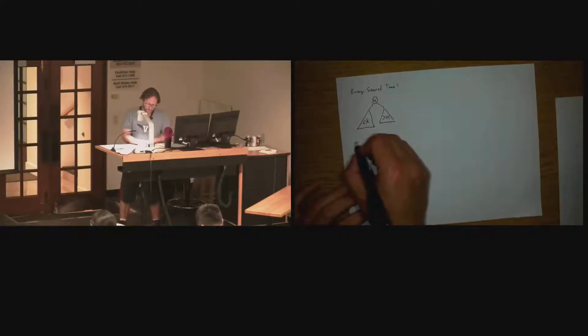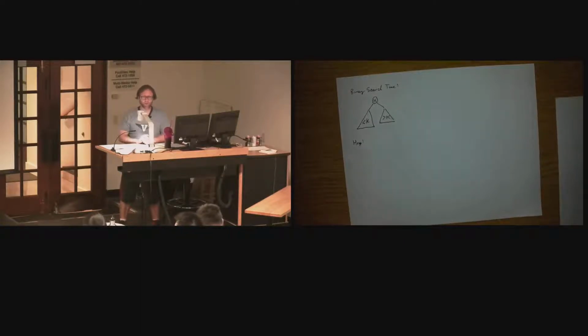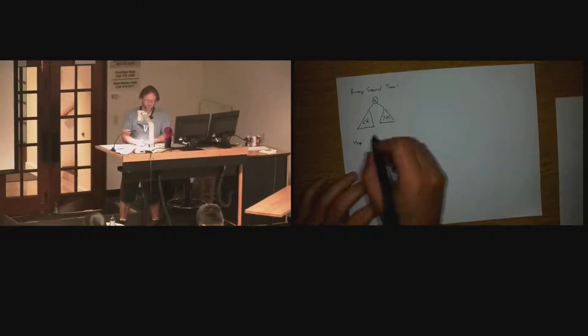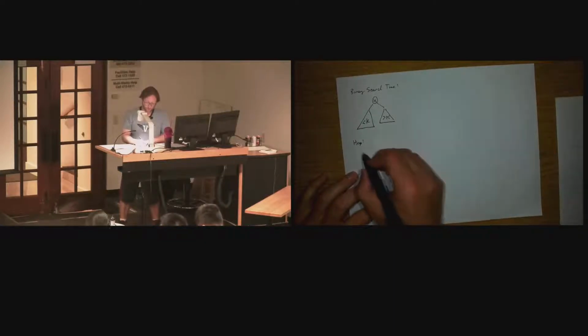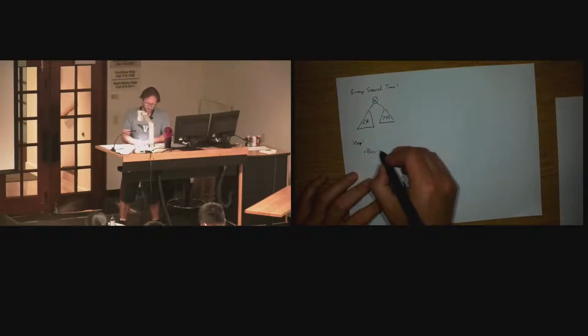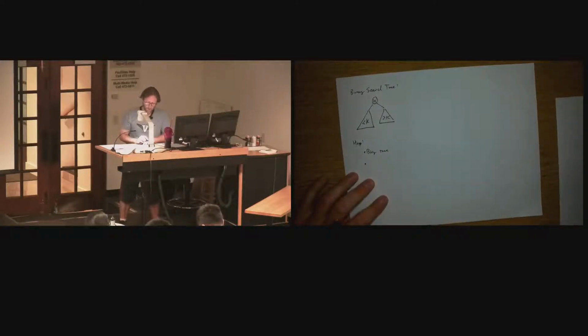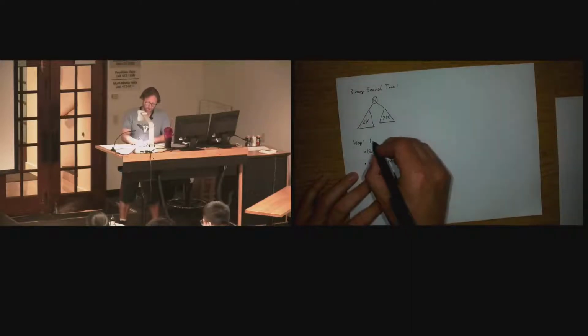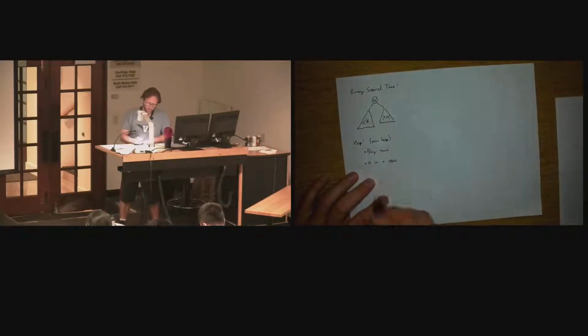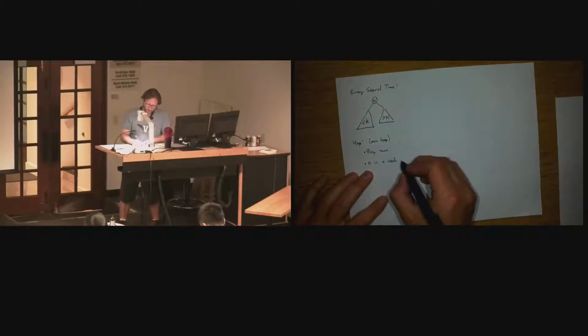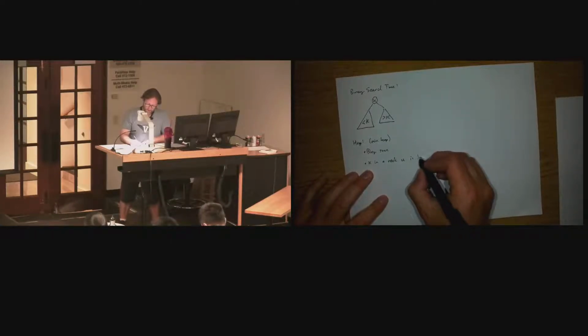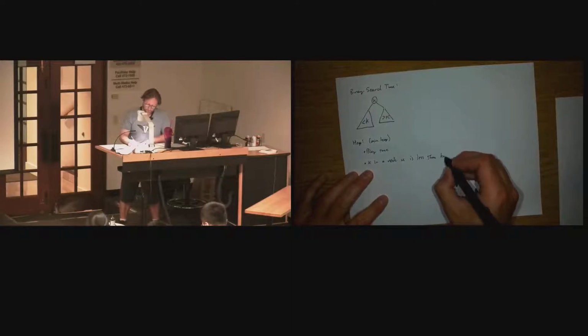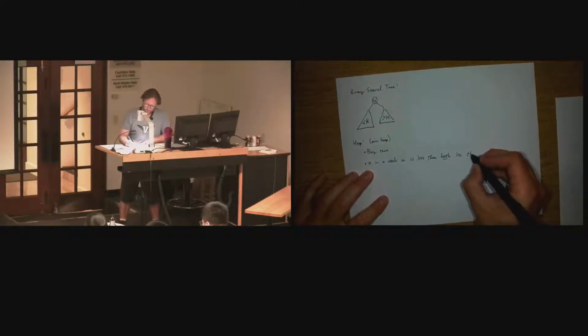What about a heap? Remember what a heap is? A heap is not a binary search tree, but it is a binary tree such that the key k in a node, we'll go with a min heap, key k in a node u, is less than both its children.